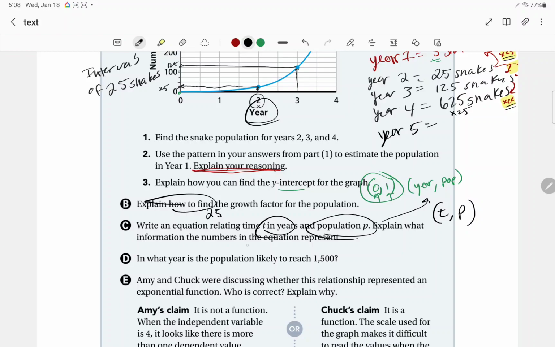What's the equation? So it's going to be P is equal to our growth factor to the power of time. So that would be our equation. And explain what information the numbers in the equation represent. Well, there's only one number right there, and that is our growth factor.